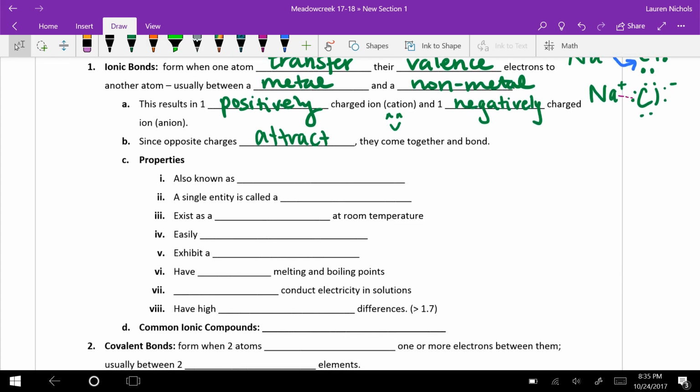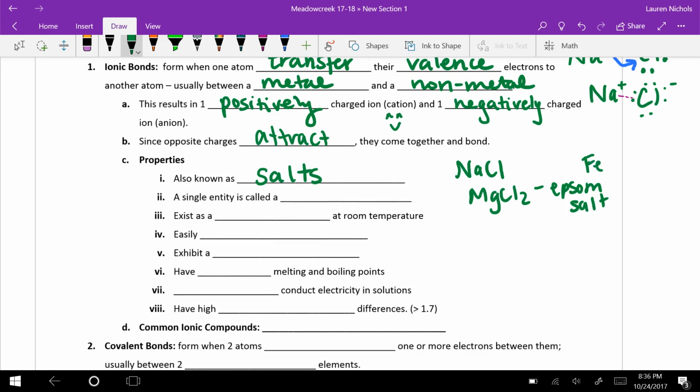Now, some properties about these ionic compounds is they are also known as salts. Now, you may be thinking, salt. I just know about NaCl, which is on my french fries. But there's also magnesium chloride, which is also called Epsom salt. That's what you put in your baths when you're really sore and it helps relax your muscles.